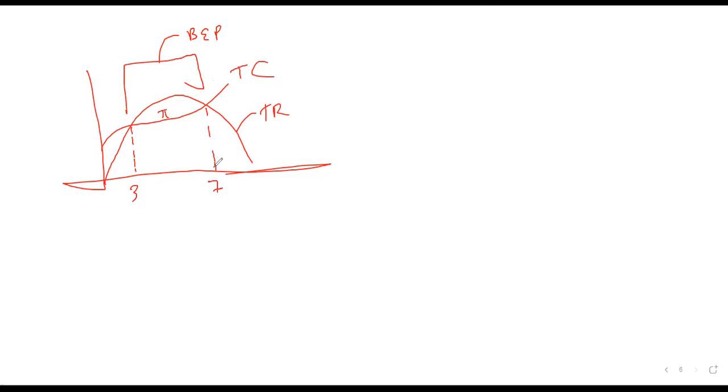More than 7 units, we're making a loss. This is negative profit. And less than 3, we're also making a loss, which is a negative profit. But between 3 and 7, we call that our profit margin. So whenever total revenue is greater than total cost, we are always making a profit.